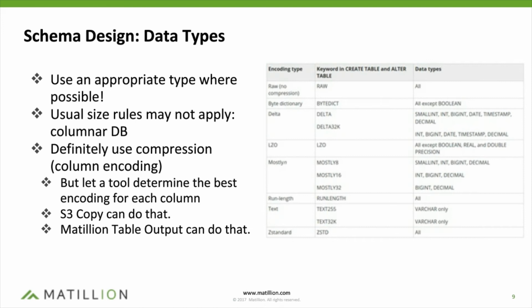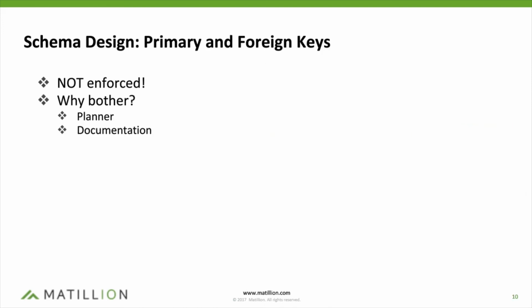If we move on to the next slide, Redshift allows you to define primary keys and foreign keys, but it doesn't enforce the primary keys, and it doesn't really use the foreign keys. So why would you bother? Now, this is pretty far down the list of best practices, if I'm honest, but it is still worth doing.